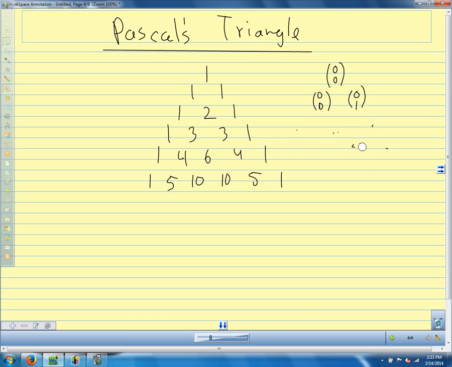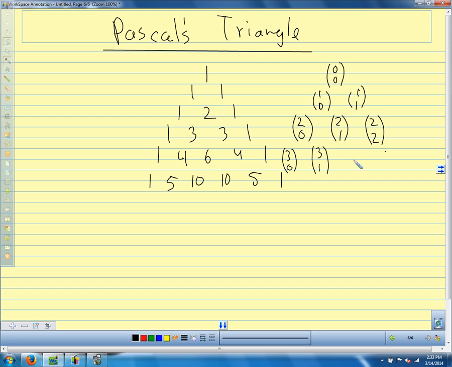So this is 0 choose 0. This is 1 choose 0, and 1 choose 1. There we go. This is 2 choose 0, 2 choose 1, and 2 choose 2 for that row. And this would be 3 choose 0, 3 choose 1, 3 choose 2, and 3 choose 3 for this row.